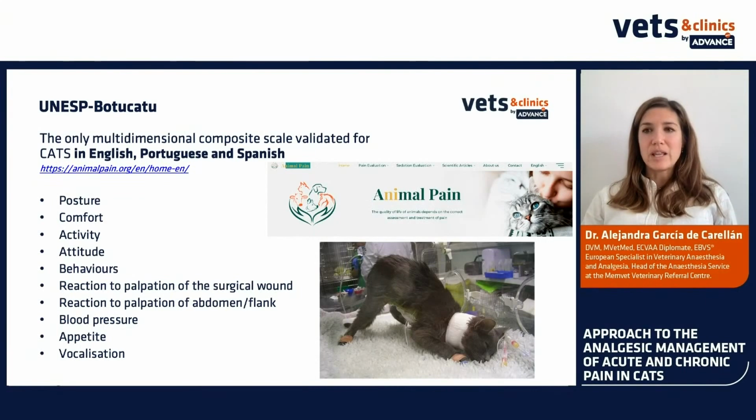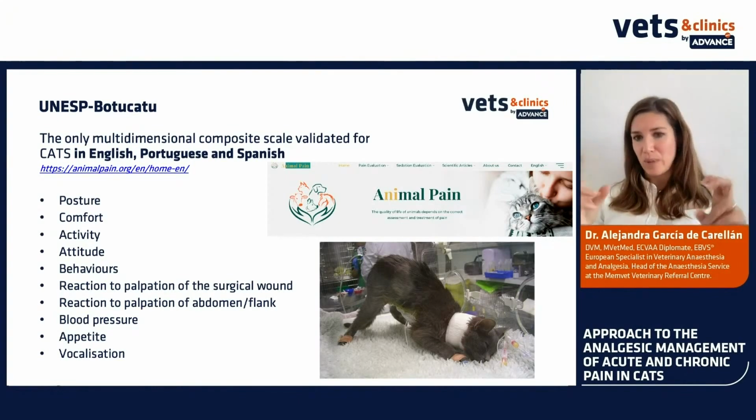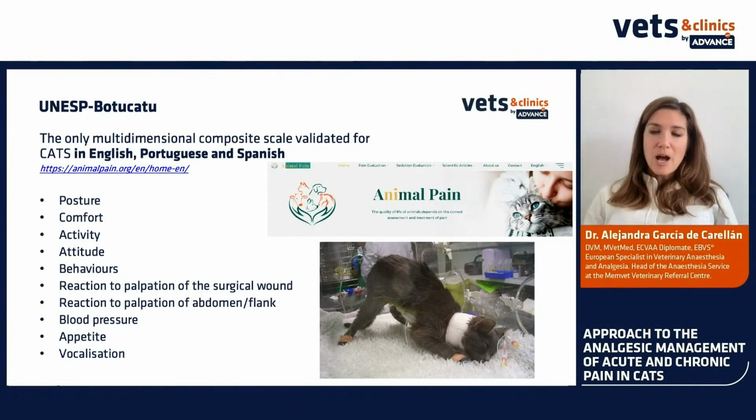We will speak about what validation is. Basically, validation is when a veterinary student, a veterinary nurse, a veterinary surgeon will, for example, evaluate the pain in this cat, and they will all get more or less the same number on the scale, the same pain rating.